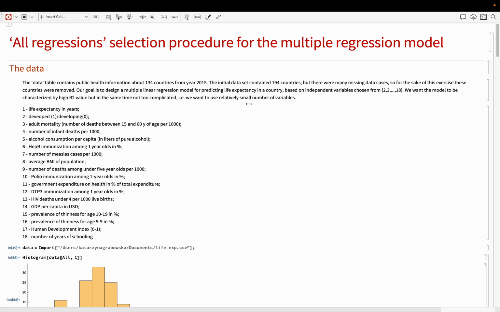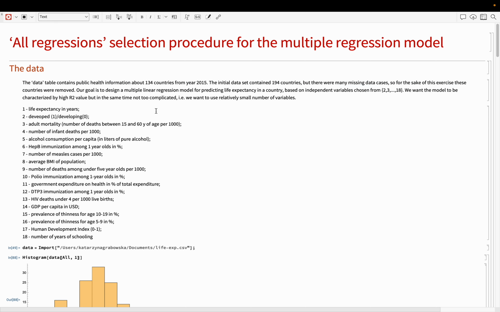Probably the easiest way to explain this all will be to work on a concrete example. Let me then introduce the data we have at our disposal. The data contains public health information about countries, 134 of them from year 2015.